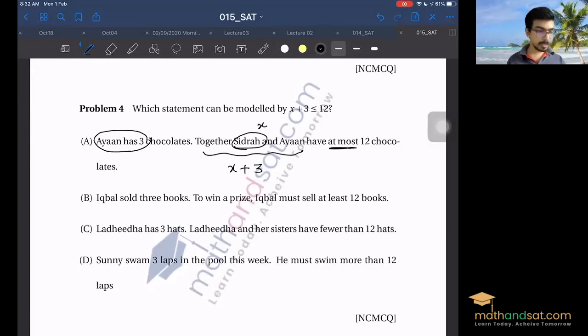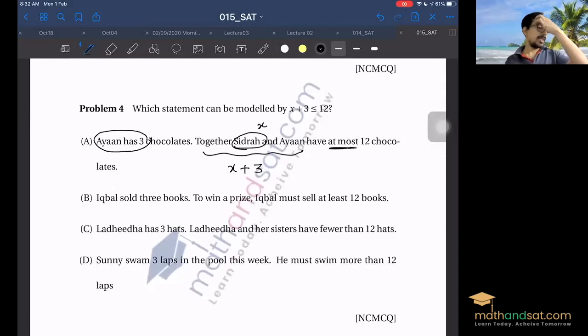See, this question is very important because we are starting with word problems where you have a real life scenario given that needs to be modeled as a linear inequality. We have seen this for linear equations, so here we are talking about linear inequalities.